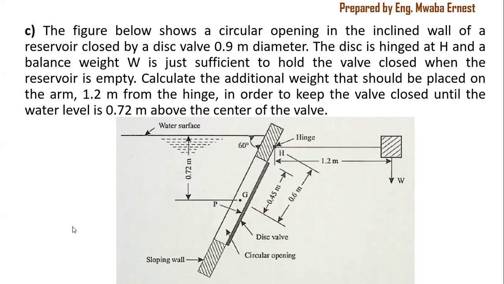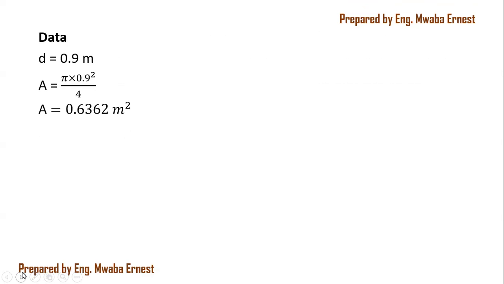Now with that, let's try to get around with the data. First thing we have is the diameter. Like we said, the diameter of the disc valve is 0.9 meter. Given the diameter, we can now compute the area, which is pi d squared over 4. Pi times 0.9 squared divided by 4, giving us 0.6362.